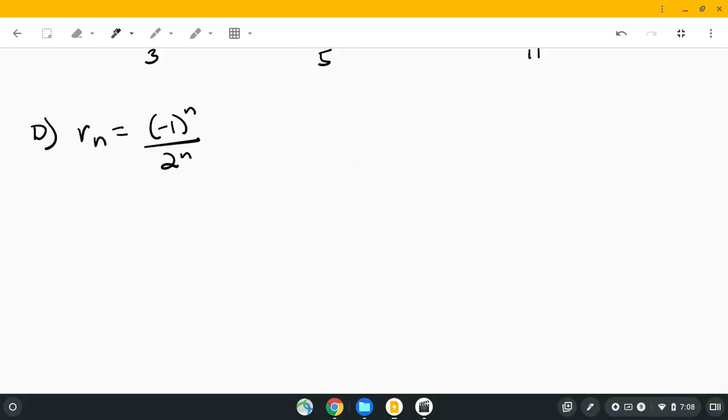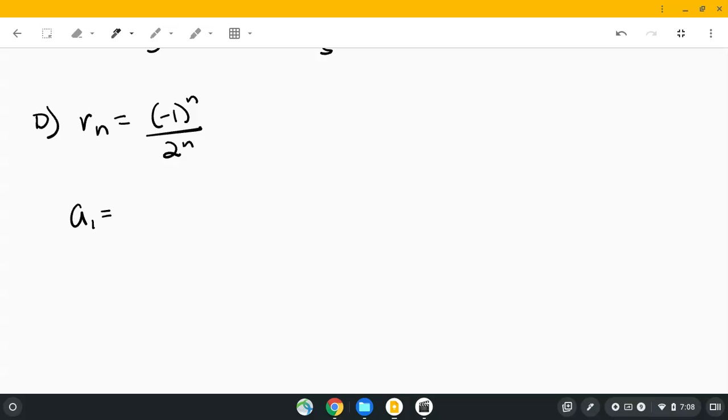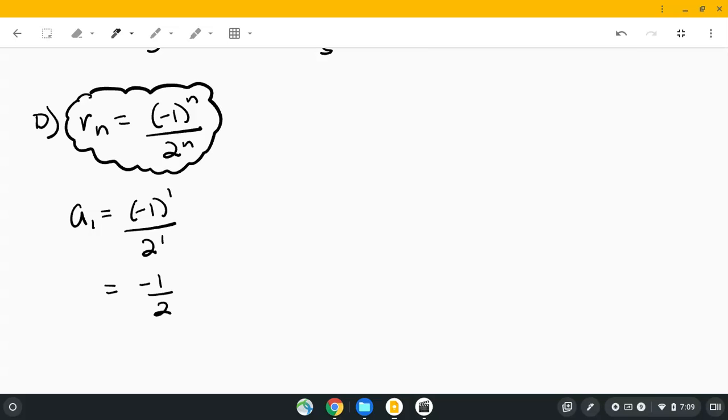Let's see what happens when we have this negative 1 involved. When I plug in 1, I get negative 1 to the first power, and I get 2 to the first power. Negative 1 to the first power is negative 1. This is our nth term formula.